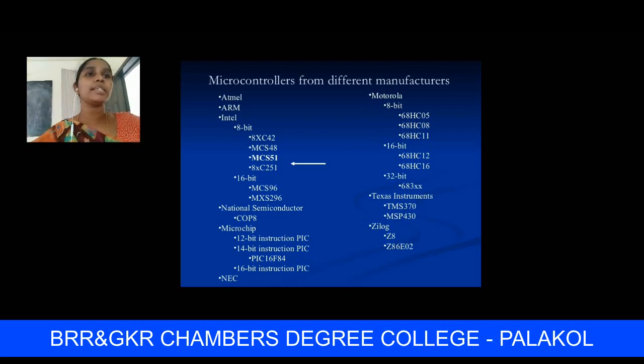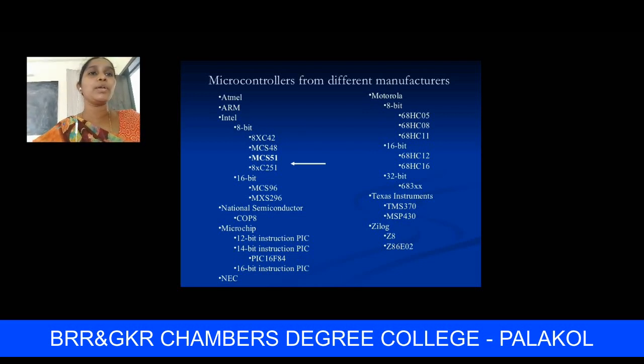Next, the 16-bit microcontrollers are 68HC12, 68HC16. 32-bit microcontrollers are 683XX. Texas also developed some microcontroller ICs. Those are TMS 370. TMS means Texas Instruments, which develops the ICs, so that's why it is called TMS.